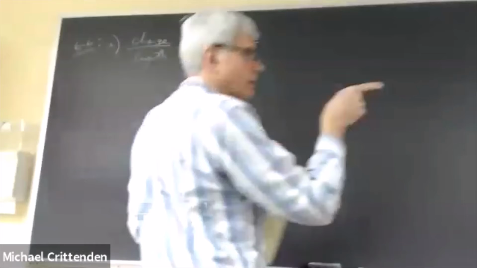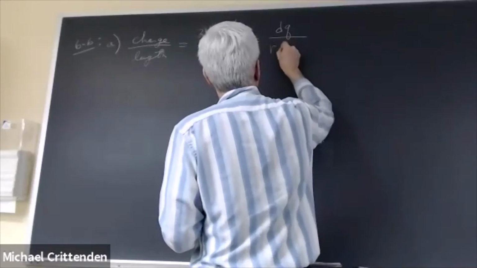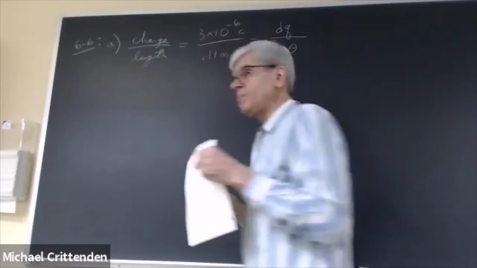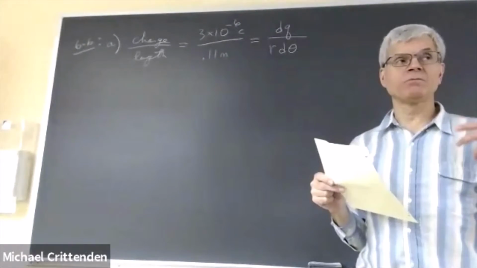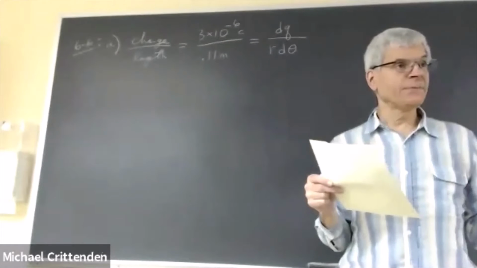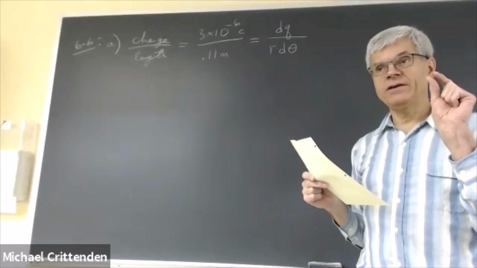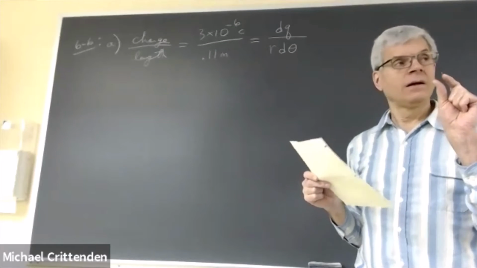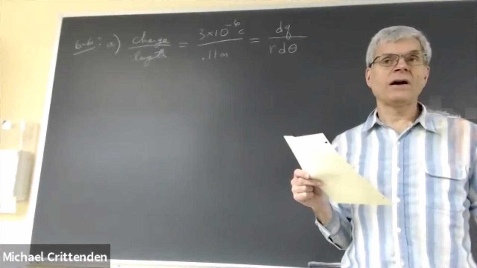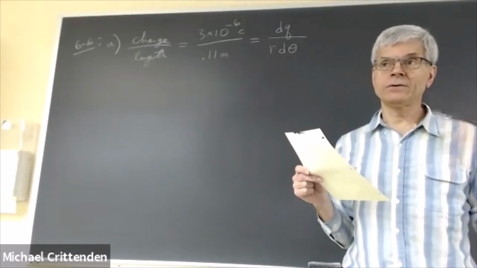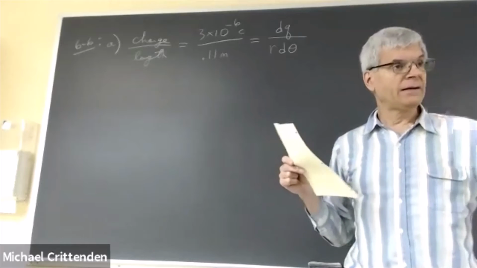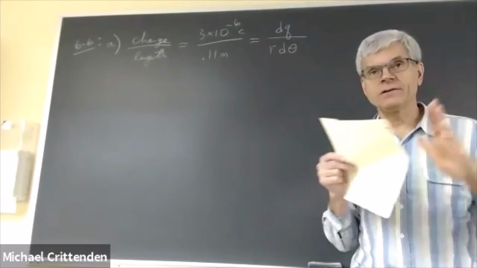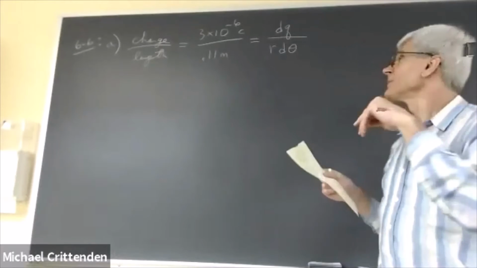A typical little piece has a charge dq. And as I explained when I was going over problem number 2 the other day, the length of that little piece is r times d theta. That's s equals r theta from physics 131, only now it's not a finite chunk of a circle, it's an infinitesimal one.